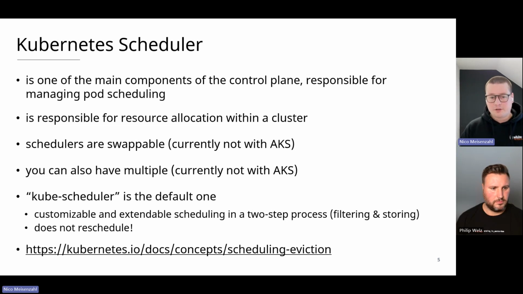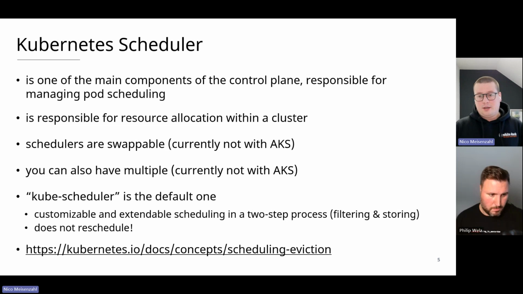As I said, it's the default one, but it's highly customizable and extendable. So you can bring in configuration changes, you can bring in plugins, and then really tweak it as you require it for your workload. The scheduling itself is a pretty complex part. It's a two-step process.